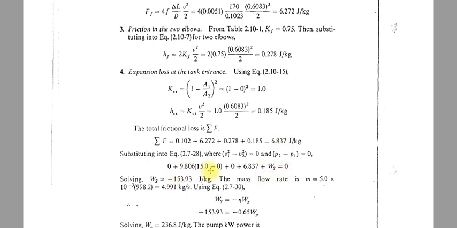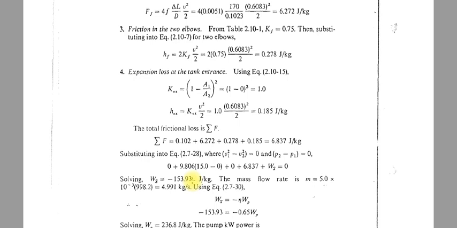So this is the elevation, 9.8 multiplied by 15, plus sigma f equal to 6.837, plus ws equal to 0. So when you solve this equation, ws comes minus 153.93. So this is the work done by the pump on the system.